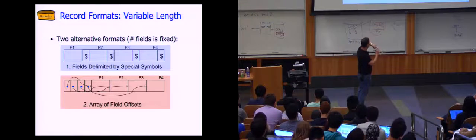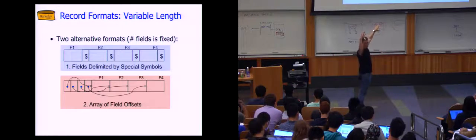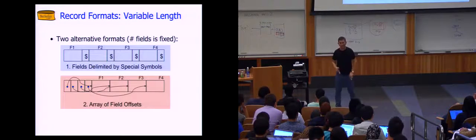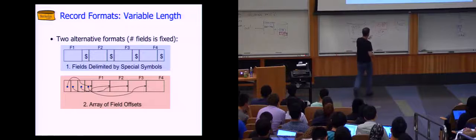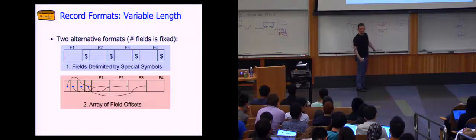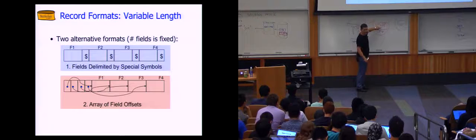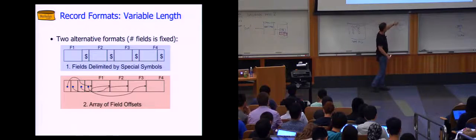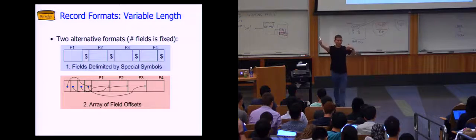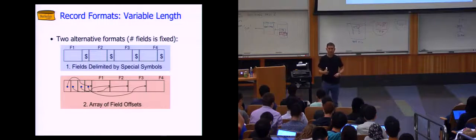Without an end of record pointer or some higher level thing that tells you where the records are in this file, you can't figure out when F4 is done. In fact, that end of record pointer you're going to see lives here at this level. It's going to tell us where the tuples are and how long they are up in the page directory. So we're going to be able to do this, but somehow, somewhere, you need to know the length of F4 or the length of the whole tuple. Good question.